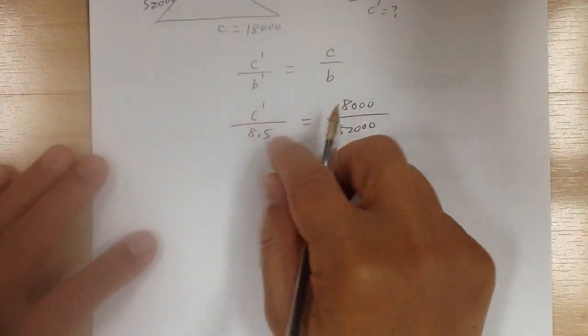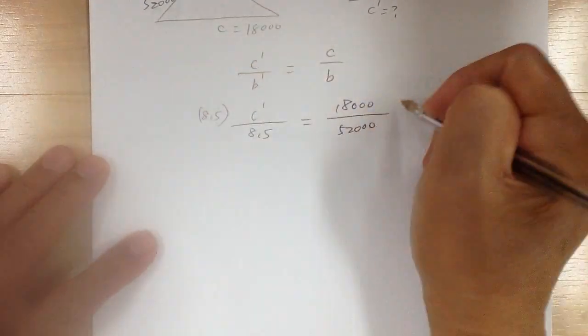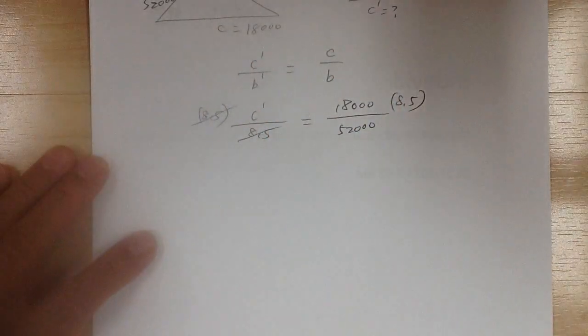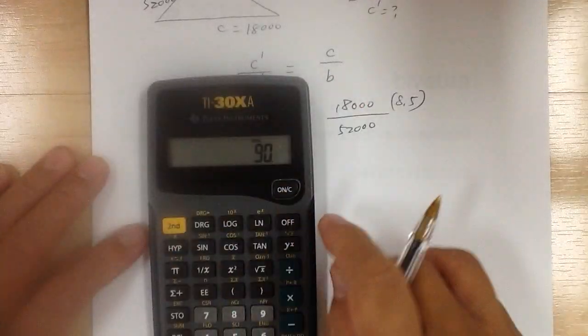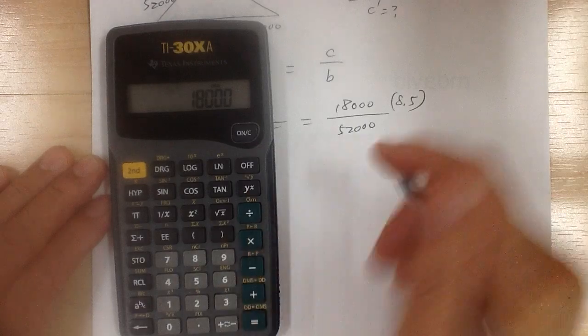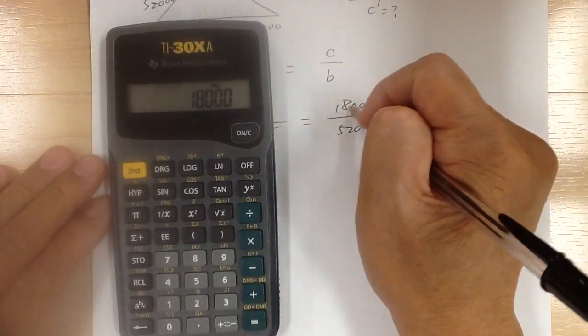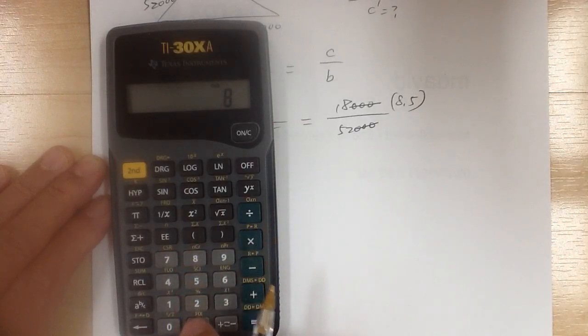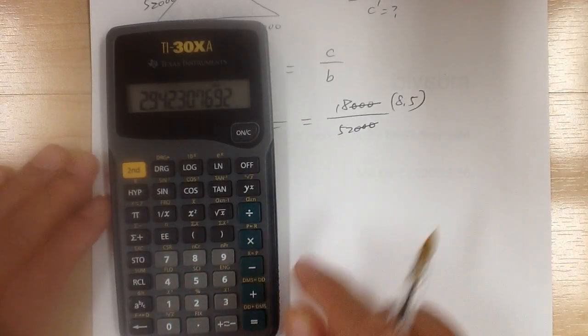To solve for C prime, you multiply by 8.5 on both sides, so this will cancel out. Get your calculator. You don't even have to enter all these numbers because this will cancel out. All you have to do is 18 times 8.5 divided by 52.